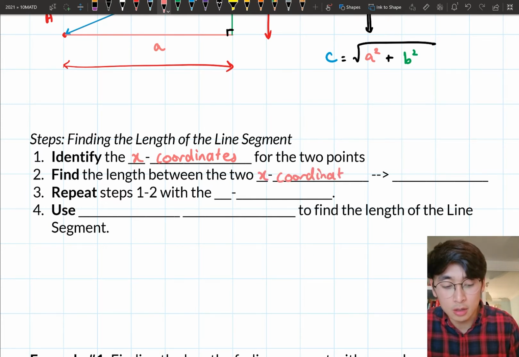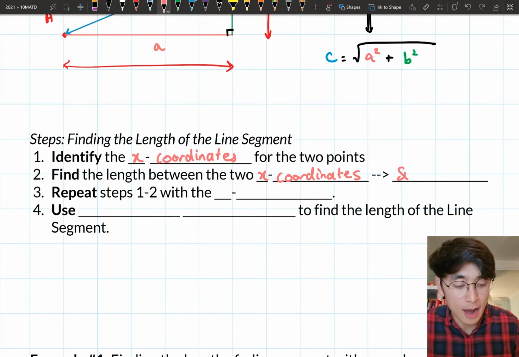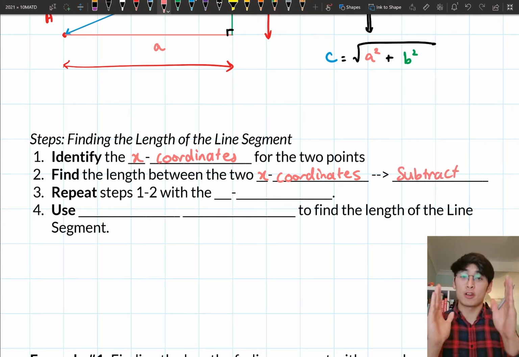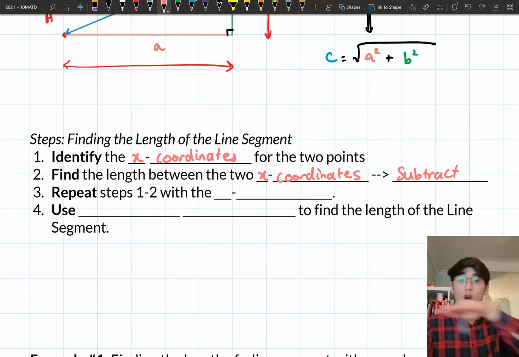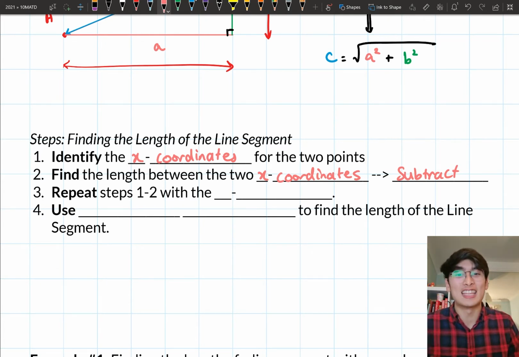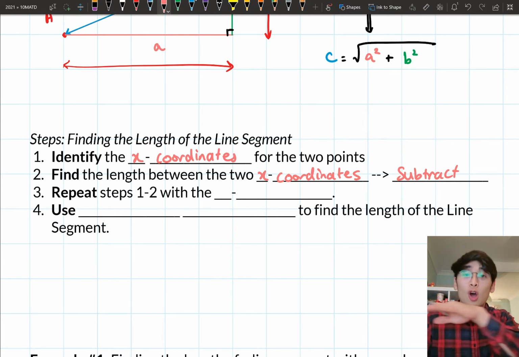The way I do this is I subtract those two numbers. That tells me the difference between them, and so it helps me find the horizontal length. Usually you want to subtract the smaller number from the bigger number so you don't get a negative number. Once we've done that, we've figured out the horizontal distance.